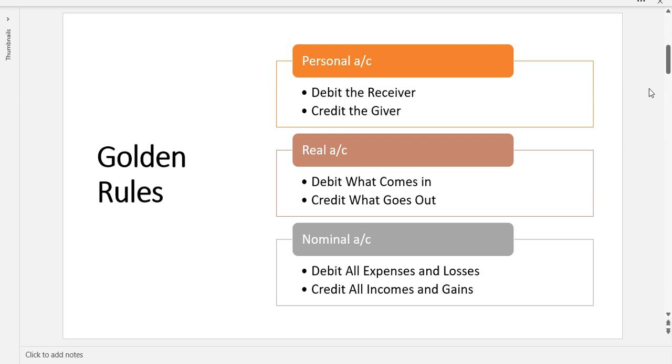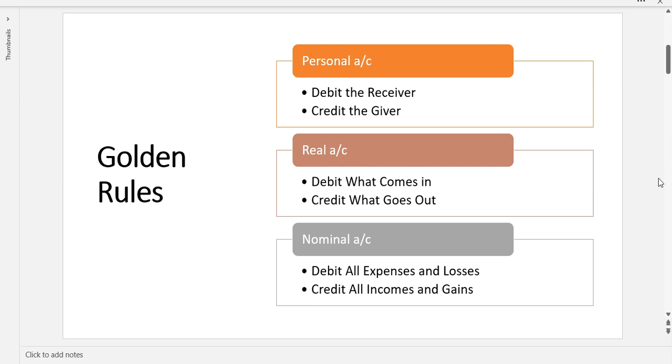For example, let's take cash paid to Mr. Ramesh. Here we are making payment to Mr. Ramesh. So as per our rule, debit the receiver. You will be writing an entry like Ramesh account debit to cash. This is how you need to identify a transaction and apply the rule.